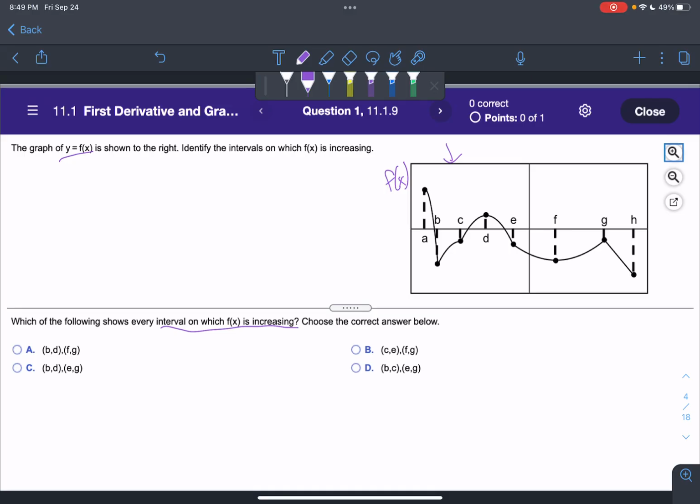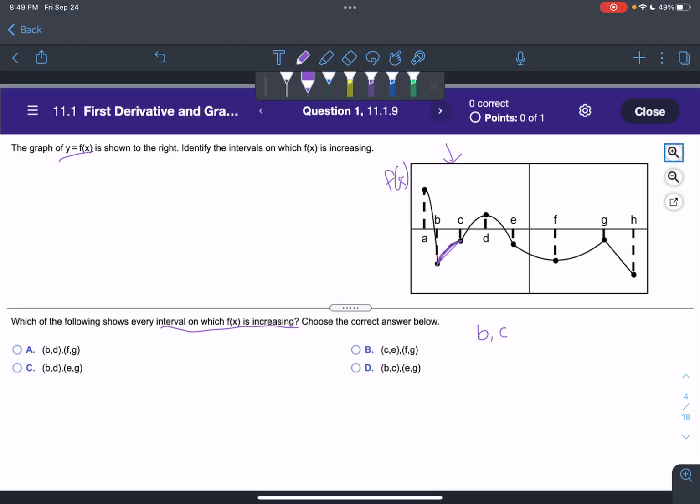So it's decreasing here because from left to right, I'm going downwards. But now notice what happens from B to C. I have an upward trend as I go from B to C. So B to C is definitely in my interval.